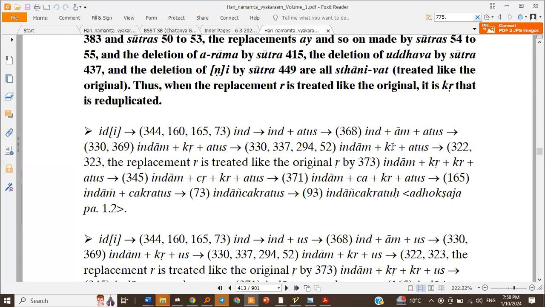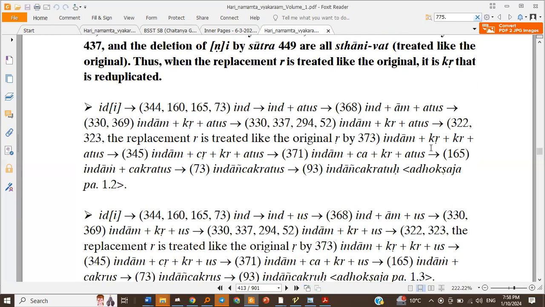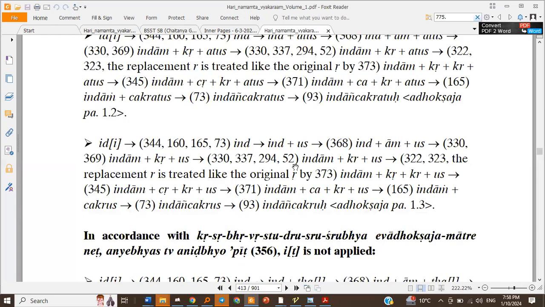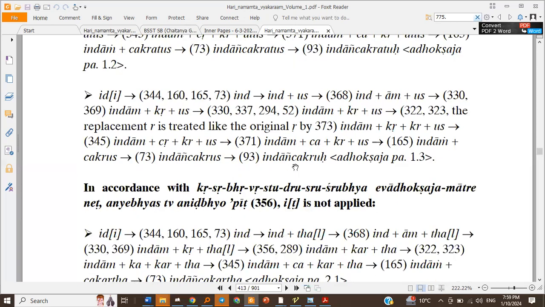and then we reduplicate this, and we'll consider the Ra as the original Ri-Ram, the original Sarveshwara, as the sutra says. So we put Kri, and then Ka becomes Cha, Ka Vargana Rasa Cha Vargaha, and Nara Ramasya Ramaha, and we combine everything. We get Indang Chakratu, Chakruhu, and so on.